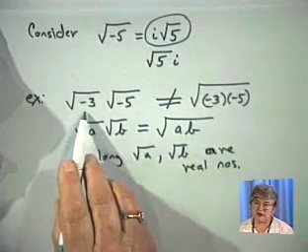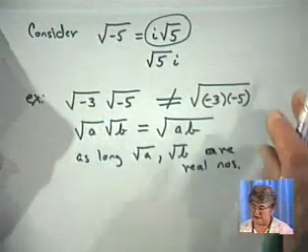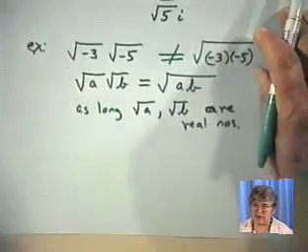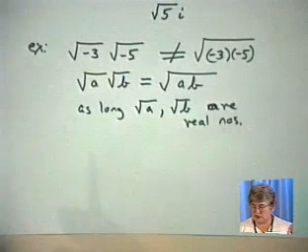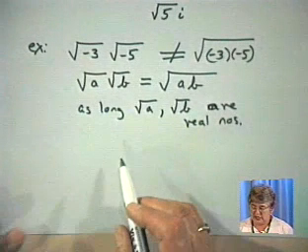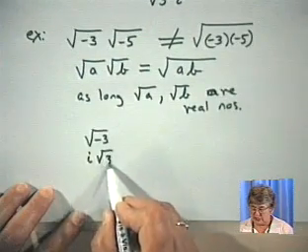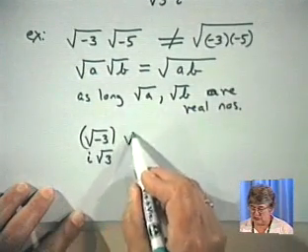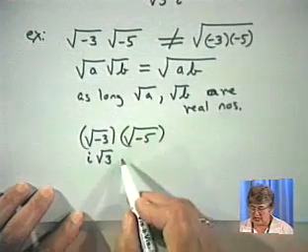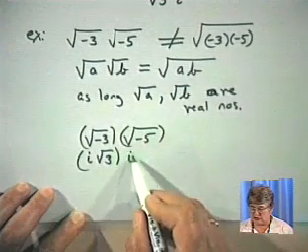But because the square root of negative 3 is not a real number, we can write it as I times the square root of 3, and we can write the square root of negative 5 as I times the square root of 5.